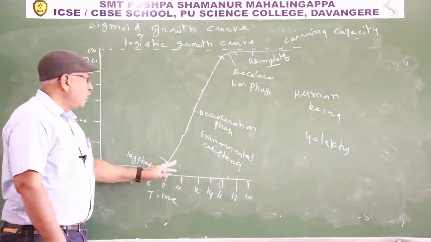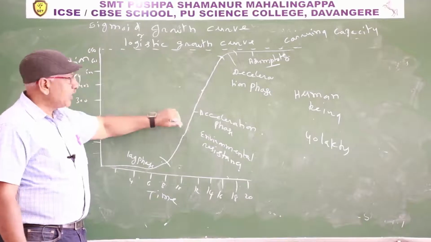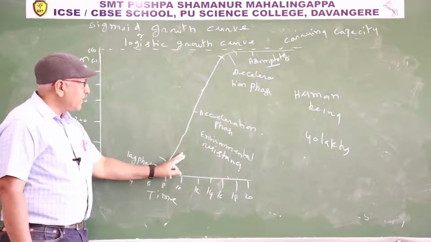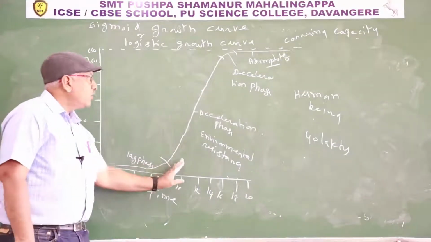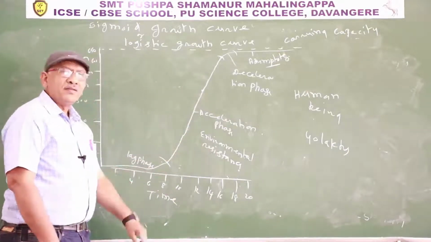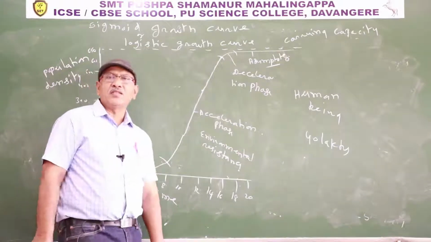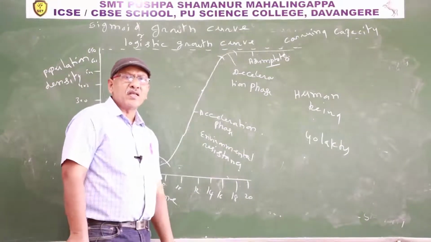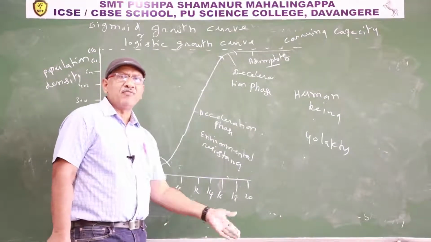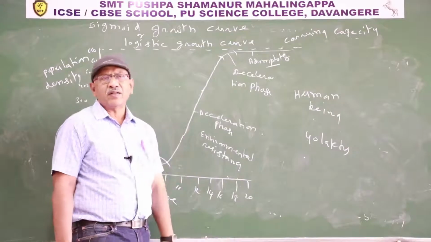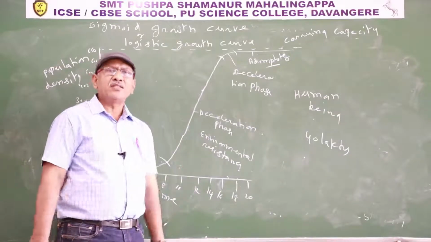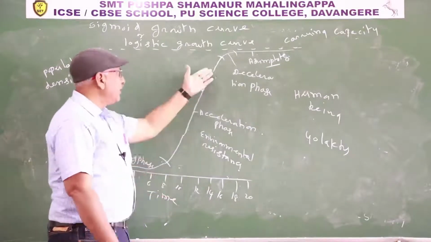Abiotic means non-living, biotic means living factors. In the case of human beings, the limiting factors are food, space, jobs.